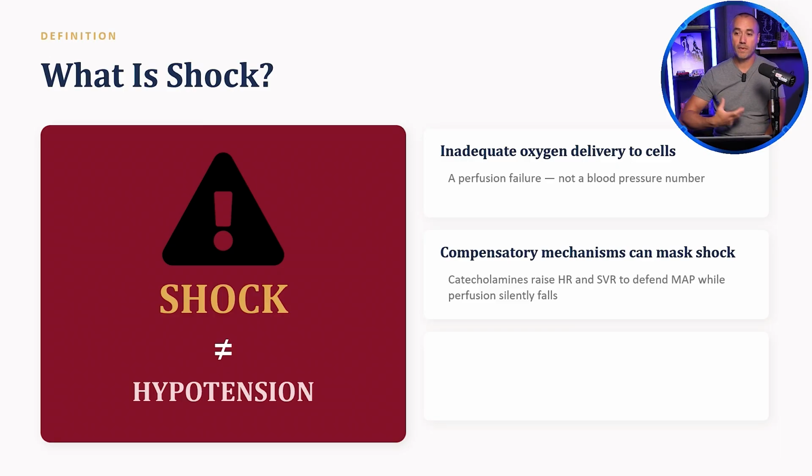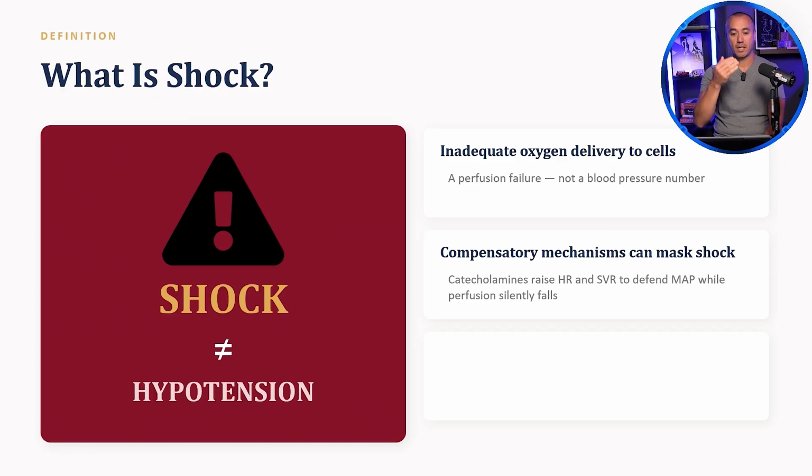So when we start to develop shock, we have natural catecholamine release from our adrenal glands that releases norepinephrine, endogenous epinephrine, cortisol. And that has systemic effects on our body to increase the heart rate and increase our vascular tone, to maintain perfusion to our vital organs, okay?